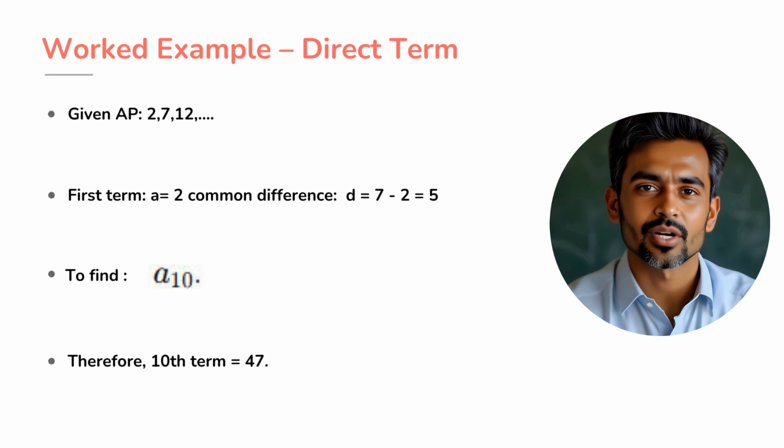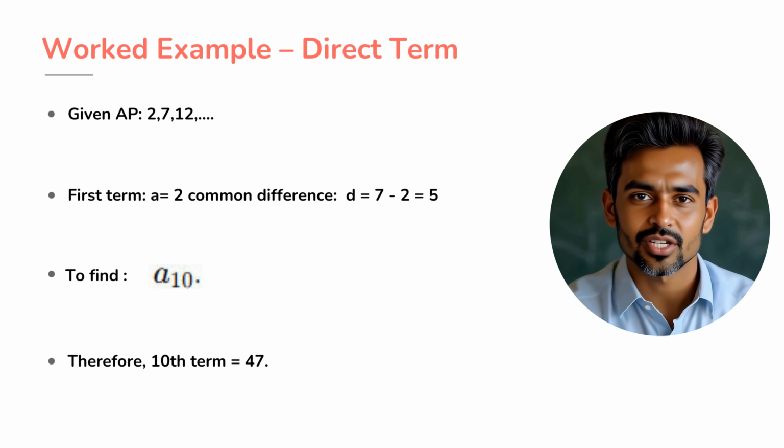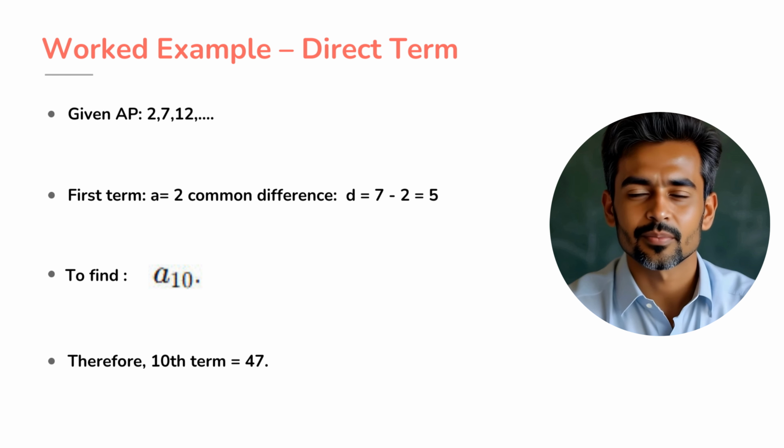Let's put this formula into action with an example. Consider the arithmetic progression 2, 7, 12, and so on. Here, the first term A equals 2. The common difference D equals 7 minus 2, which is 5. Now, let's calculate the 10th term.